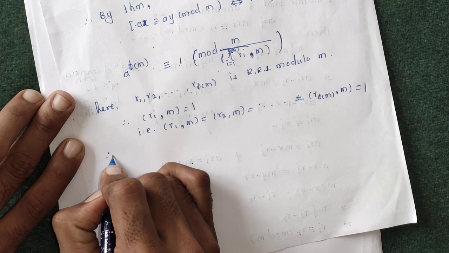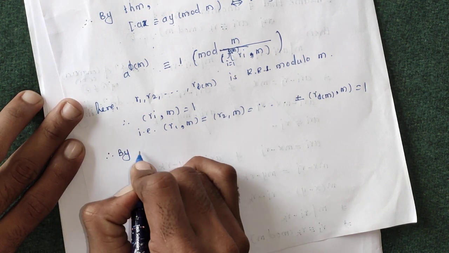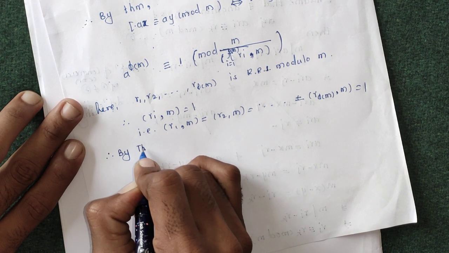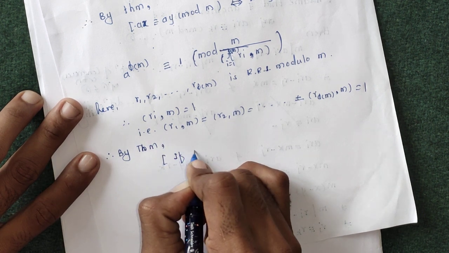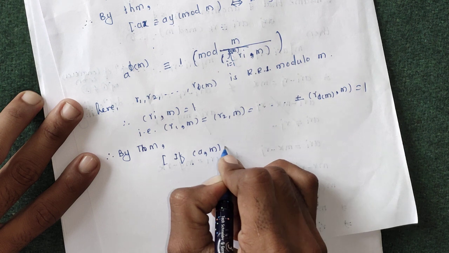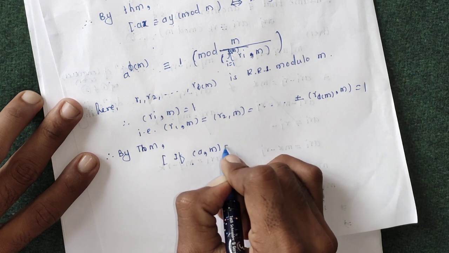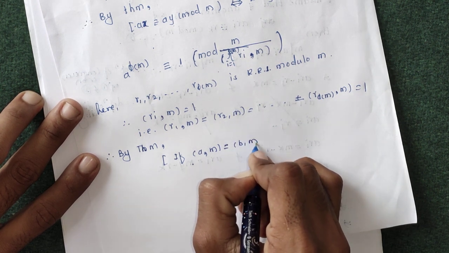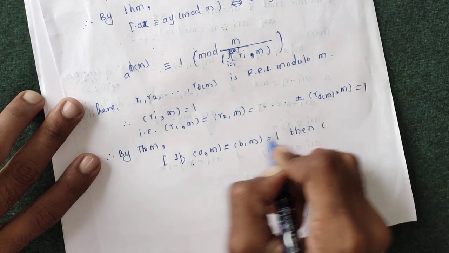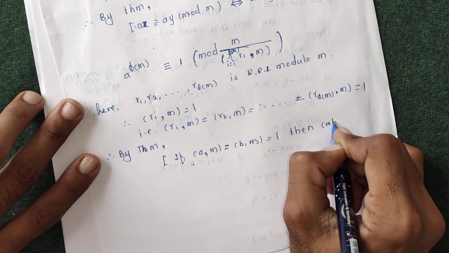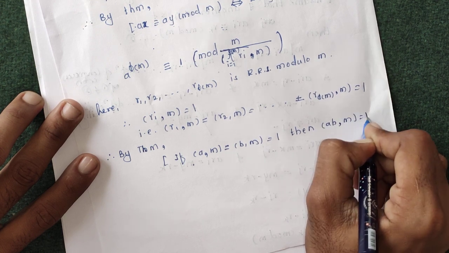Therefore, by using the theorem, this theorem is: if GCD of a and m is equal to GCD of b and m is equal to 1, then GCD of a into b with m is equal to 1.